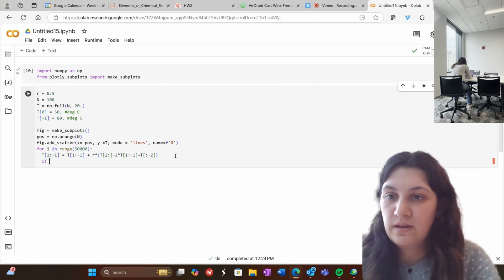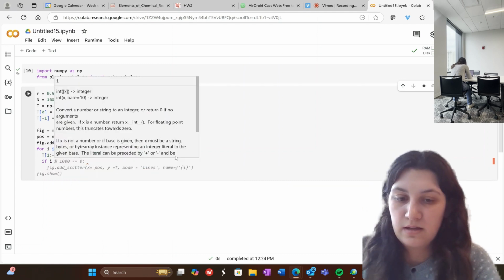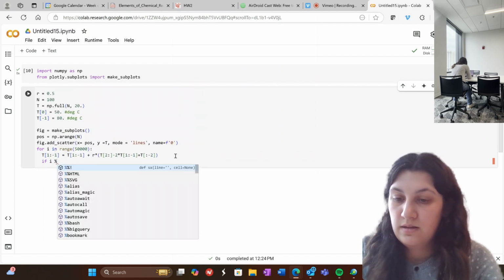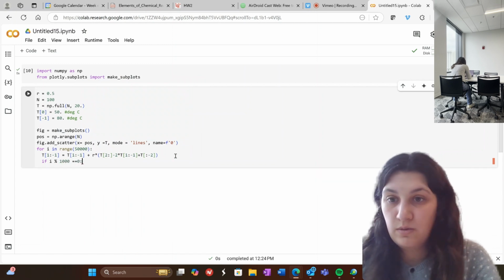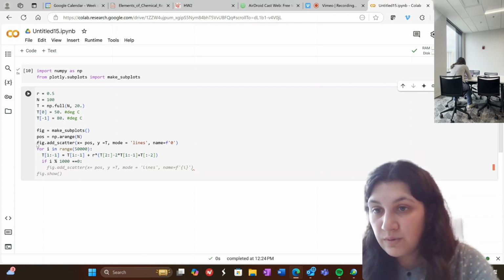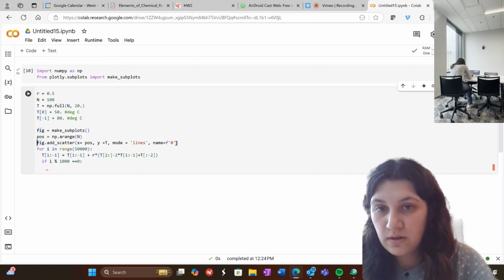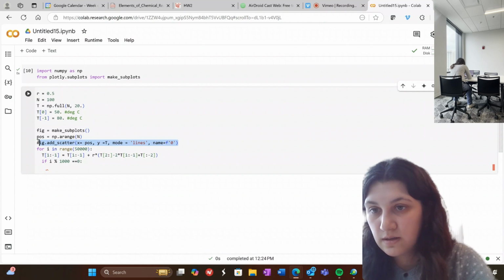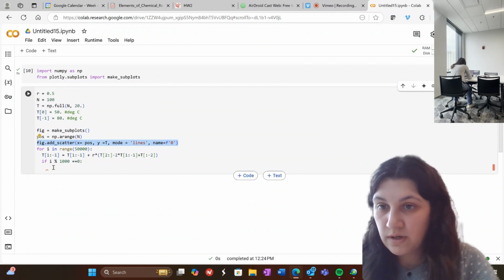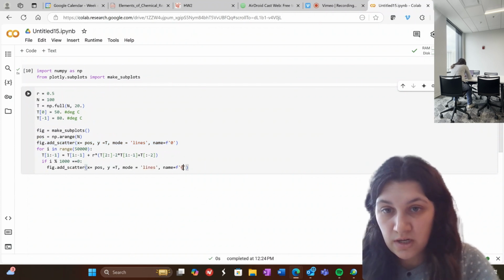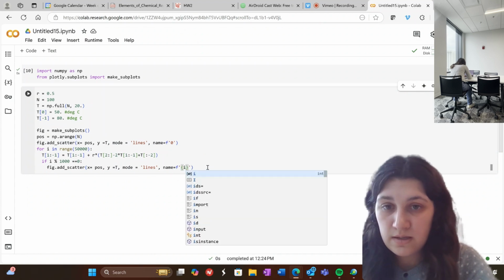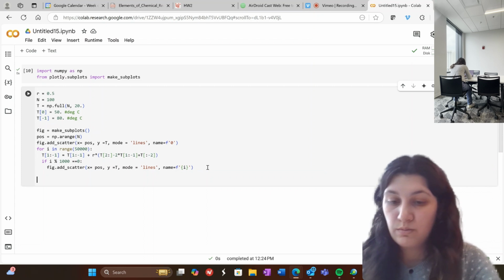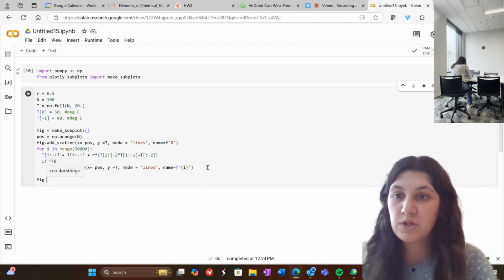So for every 1,000 steps, we're going to have a drop line, and we can just steal this little bit of code right there. We're going to change the name to this, and then we want to see the plot.